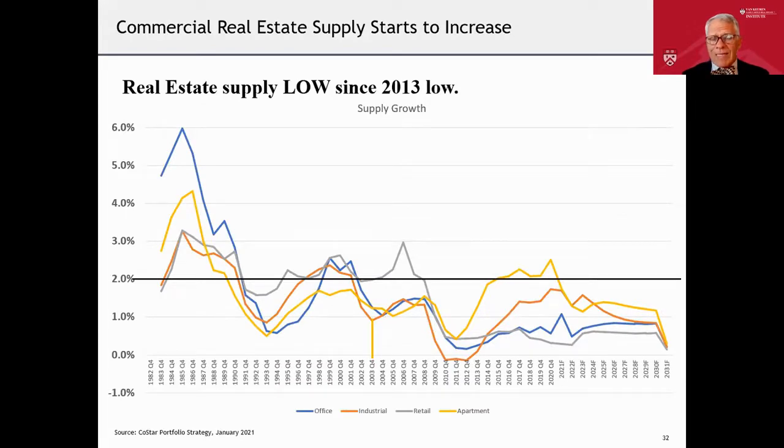And if we look at supply today, with the economy growing at 2%, the black line, you can see supply literally since the early 90s has been kind of bouncing around with the economic cycles, but is well below the 2% demand growth, which is good news. It means that we get back to better fundamentals here in all the property types. You can see how apartments were over that with oversupply and kind of end after 2020 and then start to drop off. Okay, next slide.